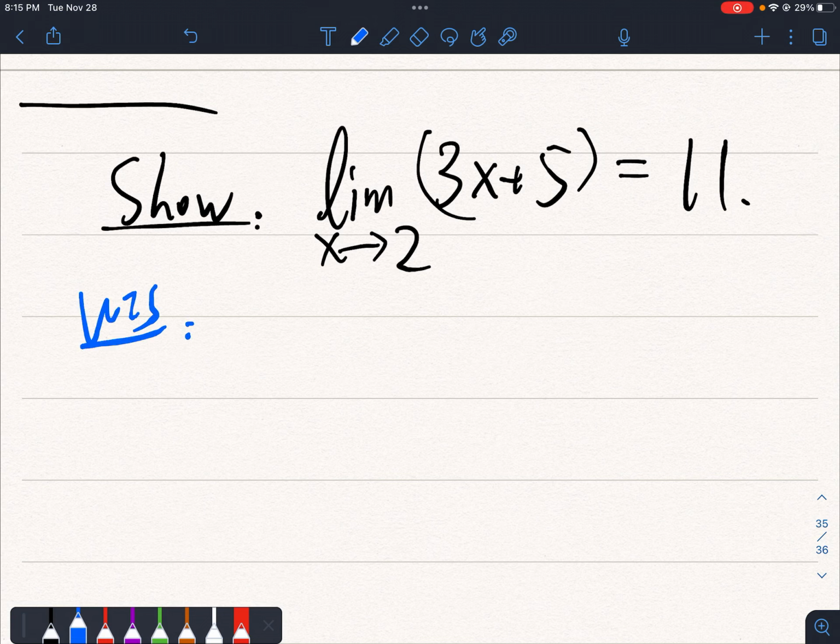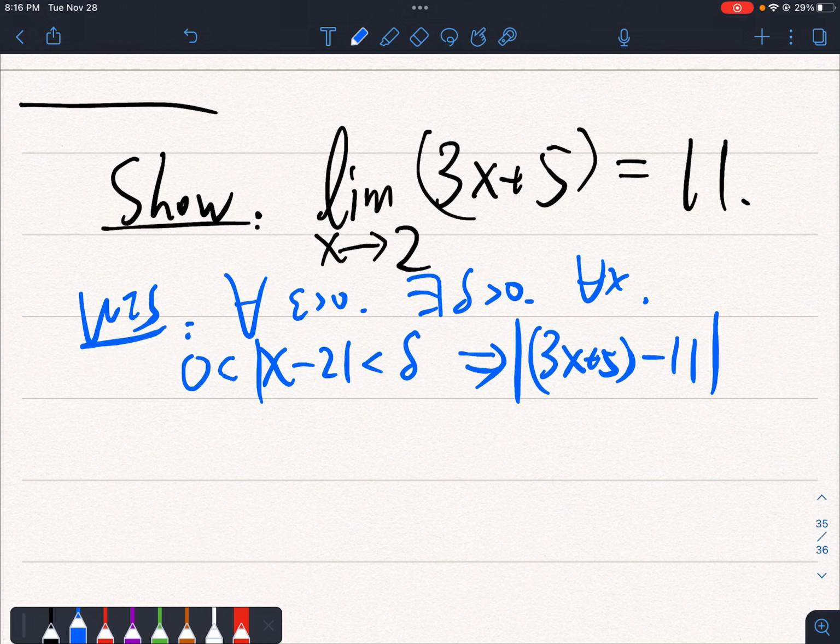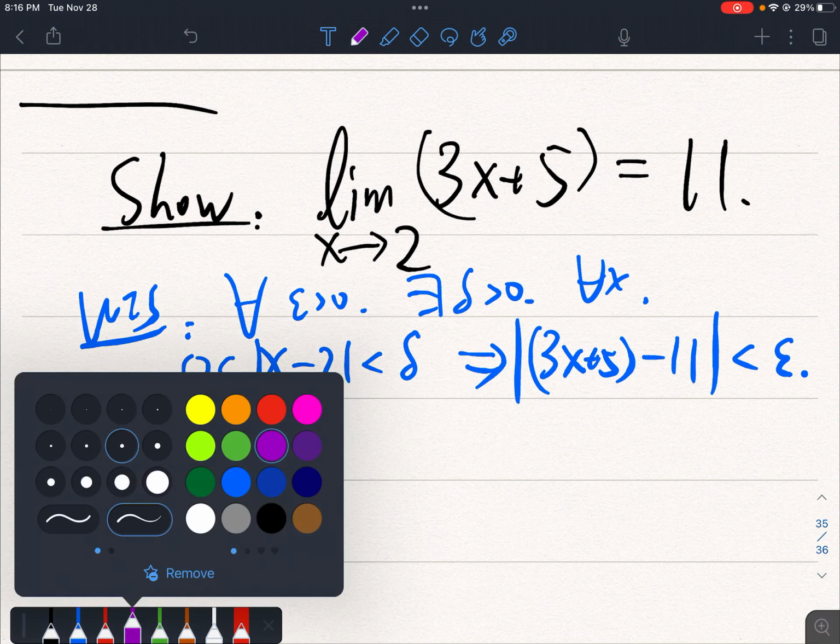So how do we prove it? Well, we want to show that for all epsilon bigger than 0, we can find some delta bigger than 0, such that for all x, I don't really want to write this, but I have to. If x minus 2 is bigger than 0 and less than delta, then we want to show that the absolute value of f of x minus this limit must be less than epsilon.